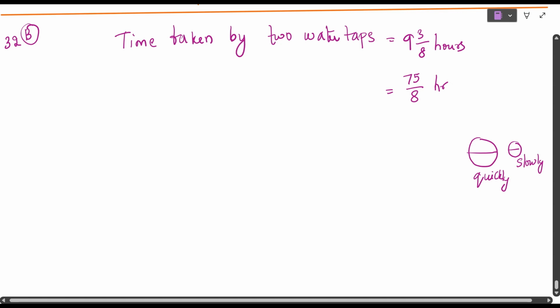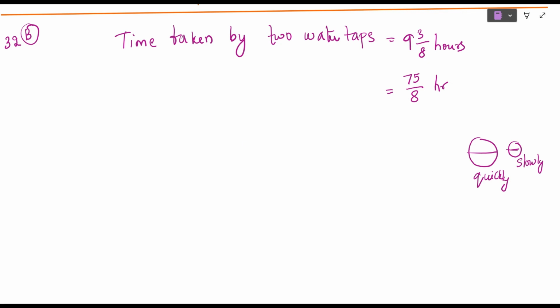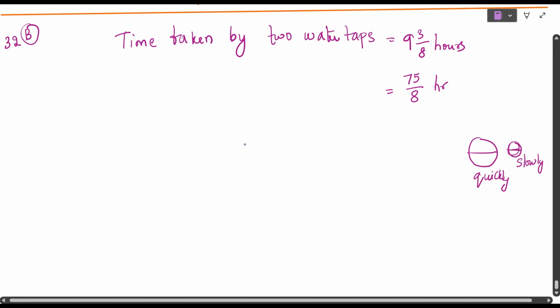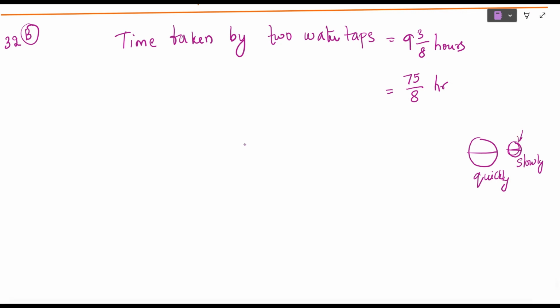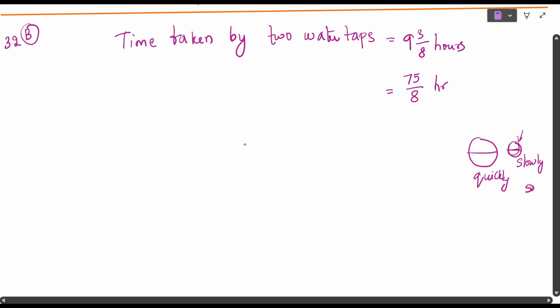Understood? So if you fill the tank with the smaller diameter, suppose it may take 50 hours, let us think. So the bigger diameter tap will take how much? 10 hours less than the smaller diameter, means it takes 40 hours.